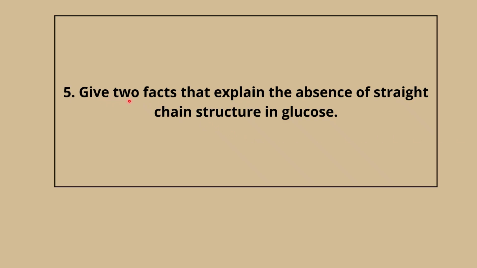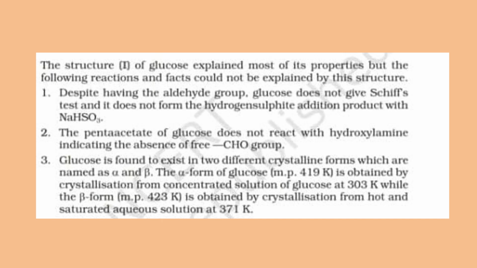Next is: give two facts that explain the absence of a straight chain structure in glucose. Often, while studying the NCERT book, we come across the point that a straight chain structure of glucose was proposed earlier, but a few reactions were not explained properly with its help. The first one is that, despite having the aldehyde group, glucose does not give Schiff's test.